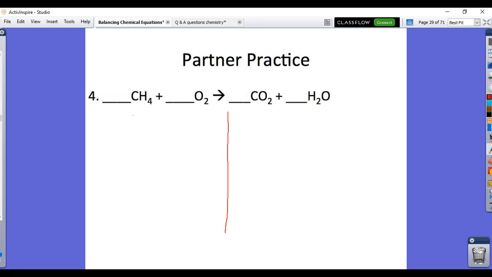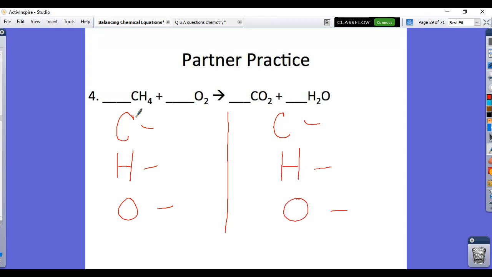now we have 3 different elements. We've got carbon, hydrogen, oxygen. And I'm going to put them in the same order, carbon, hydrogen, oxygen. So here carbon is 1, hydrogen is 4, oxygen is 2.